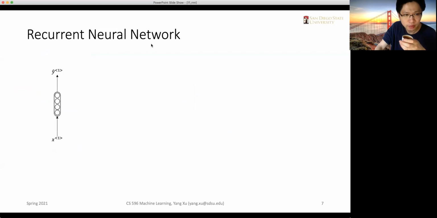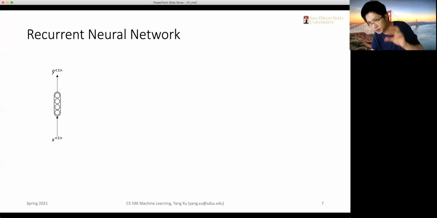We will look at the recurrent neural network structure. A recurrent neural network structure looks like this. First of all, we still need to take care of the inputs for each time step. The first time step is the first word, x1.